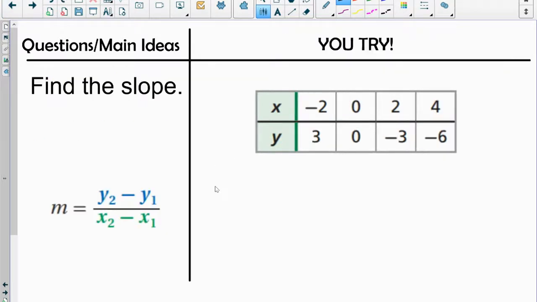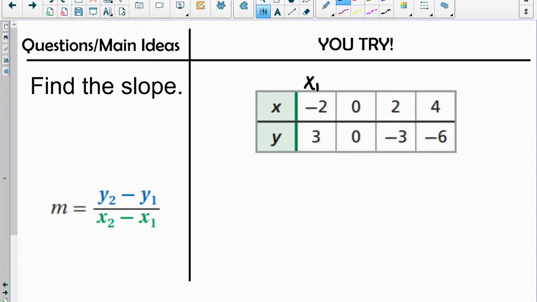So I'd like you to try this one. And every time I pause, answer the question on the screen to move on. So what would we label as x sub 1? -2 would be our x sub 1.